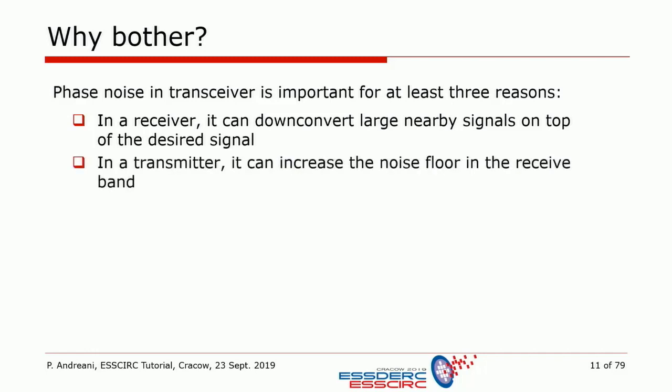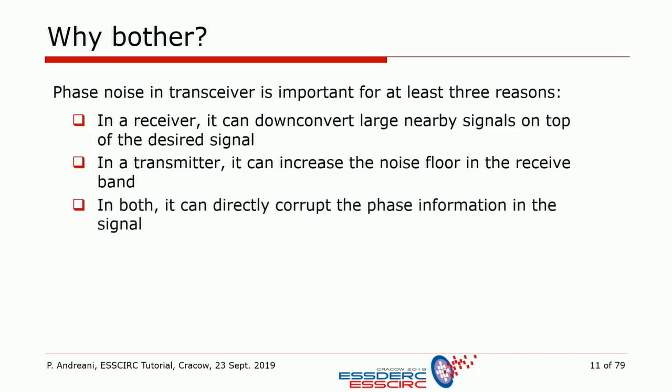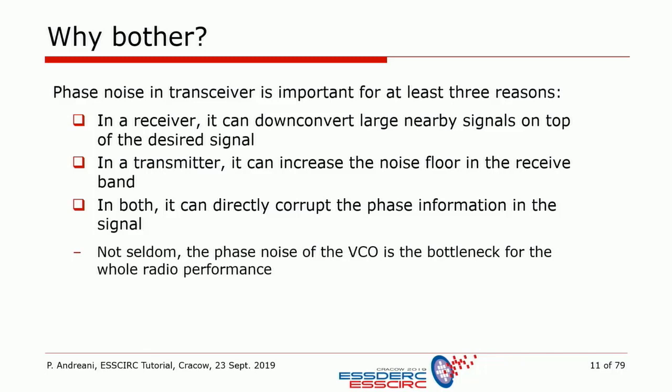In a transmitter, it can increase the noise floor in the receive band, and in both it can corrupt the phase information in the signal. And so not seldom the phase noise performance of the receive or transmit oscillator is really the bottleneck for the whole radio.